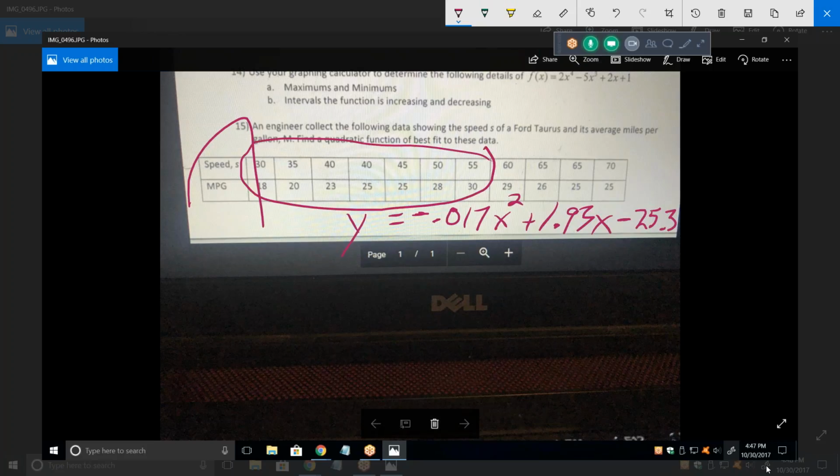When you go from 30 to 55, your gas mileage actually goes up. I'm sorry, it's this part of the parabola. In other words, your gas mileage is going up as you're increasing speed. But above 55 miles an hour, it goes down slightly.